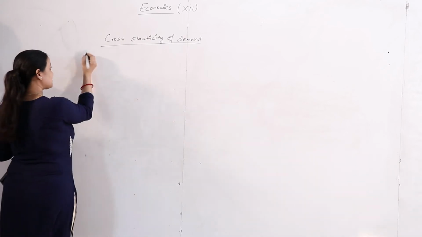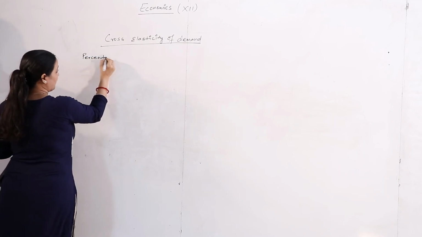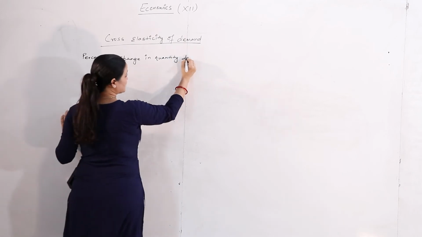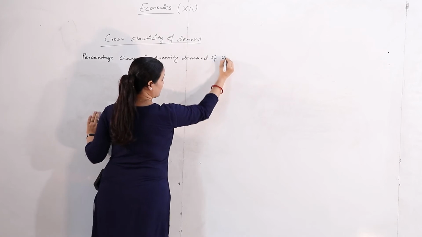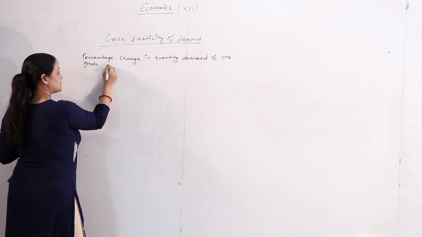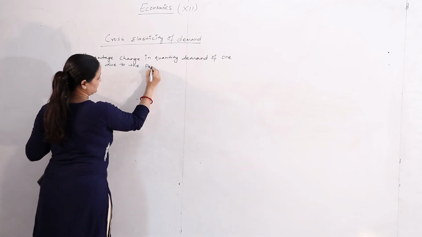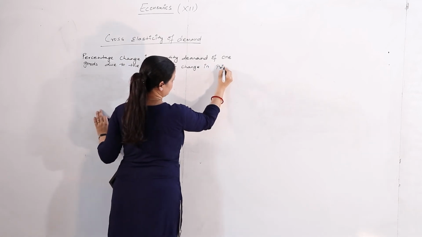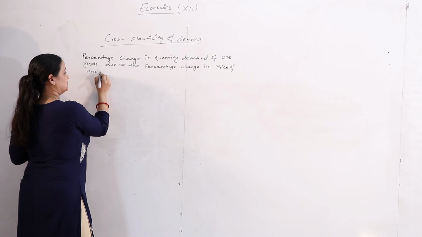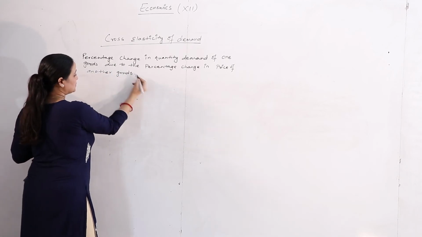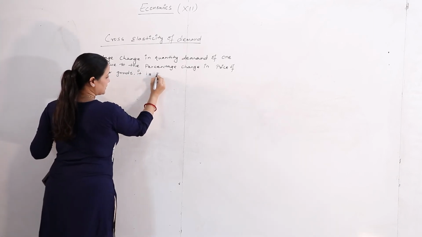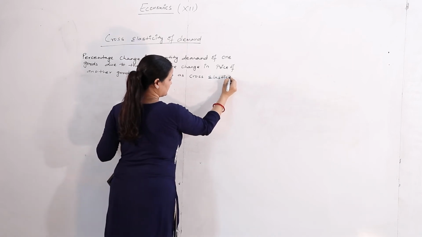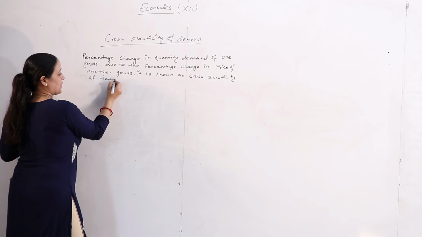So we can write the definition. Percentage change in quantity demanded of one good due to the percentage change in price of another good is known as cross elasticity of demand.